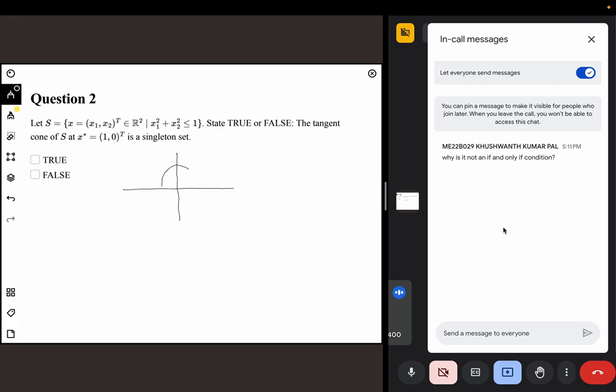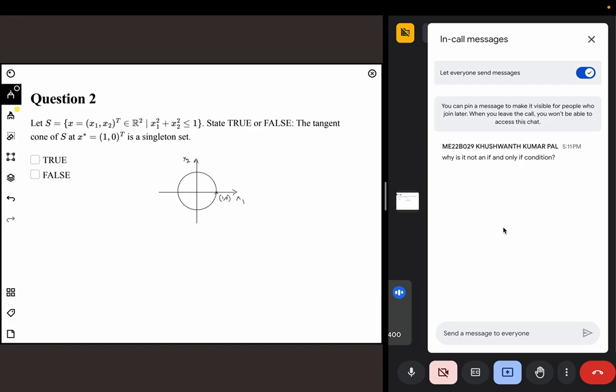So you have a circle. The entire region inside my circle is the feasible region, that is my set, and I have a point 1 comma 0 here.